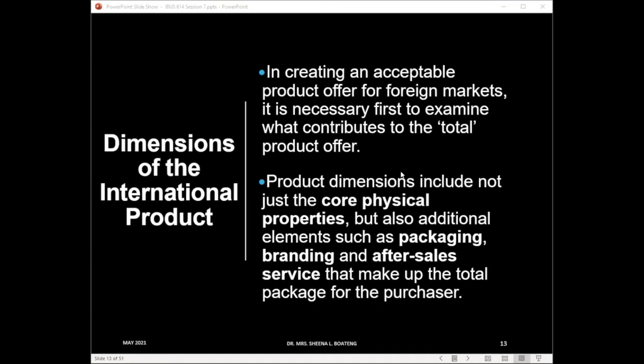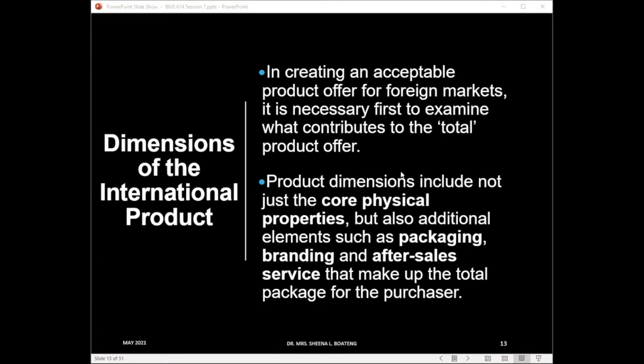So these product dimensions could include not just the core physical properties of the product, but other additional elements, such as the packaging of the product, its branding, right? The service elements associated with it, including after-sales service, warranties, among others.